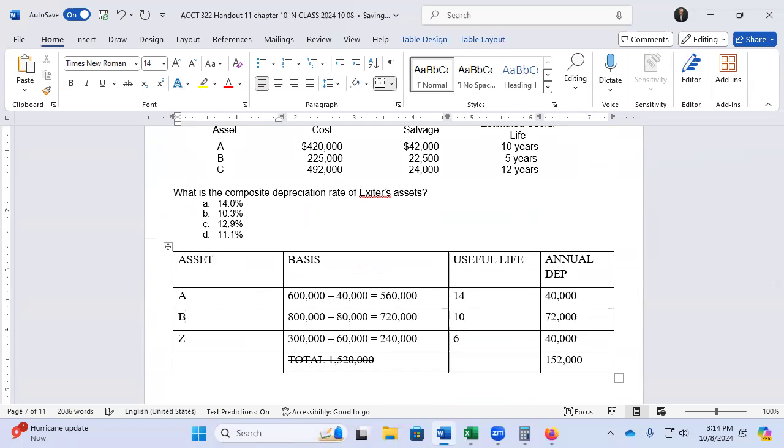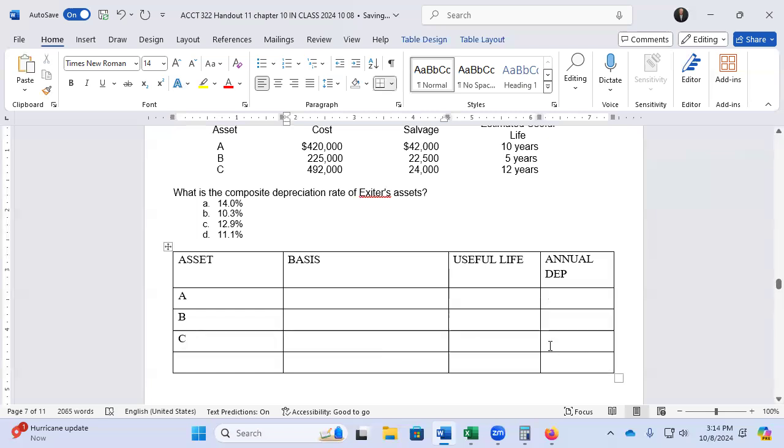And so we have A, B, and C. And so our basis for these, 420,000 minus 42,000. And that's 378,000. The useful life is 10 years. And so that's 37,800 per year.